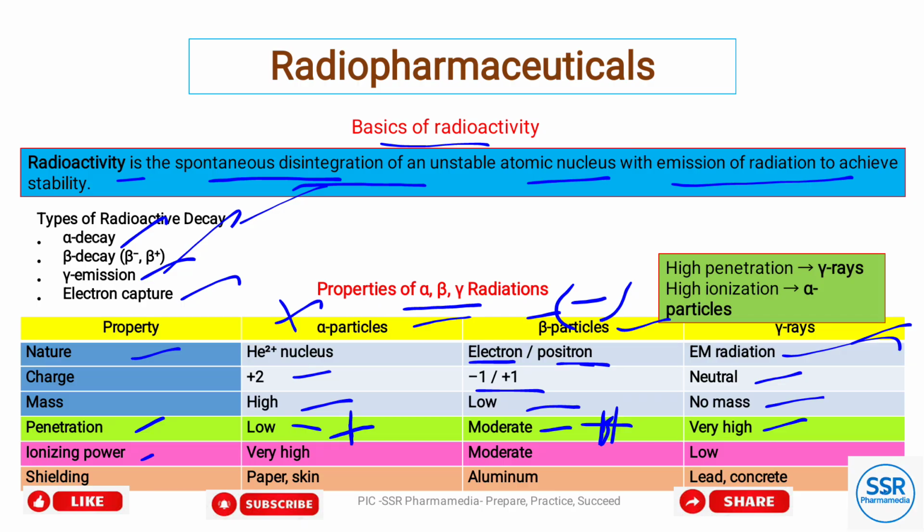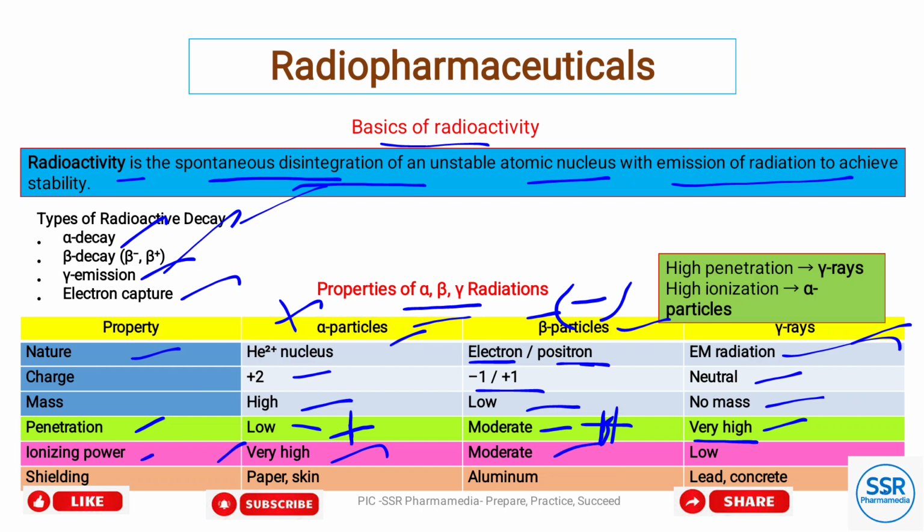Due to this high penetrating power, gamma radiations are used for scanning and diagnosis. Due to the low penetration power of alpha particles, they may be used for treatment purposes. Alpha has a very high ionizing power, so it is used in cancer therapy.